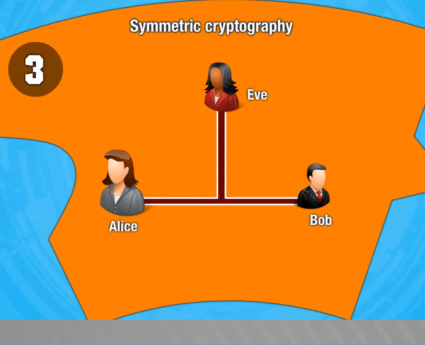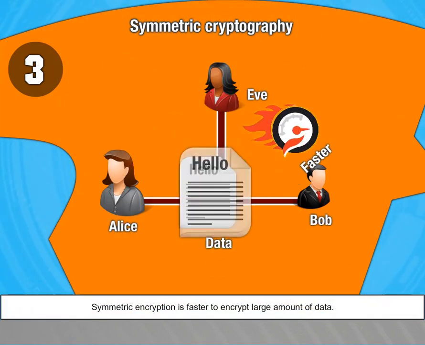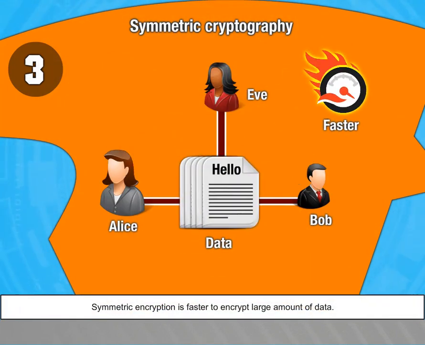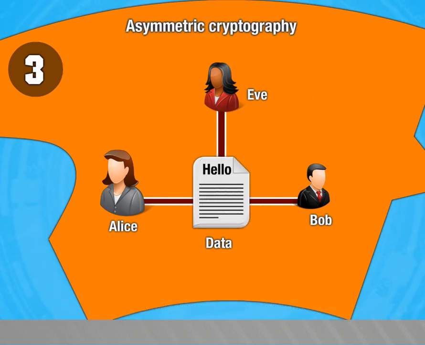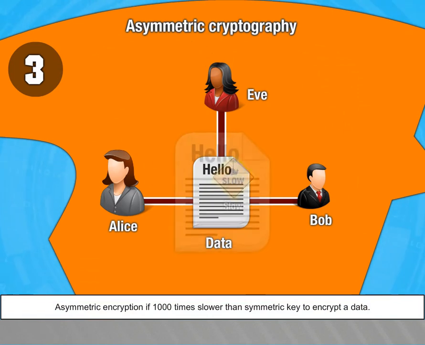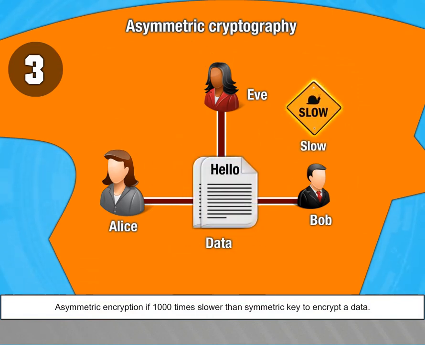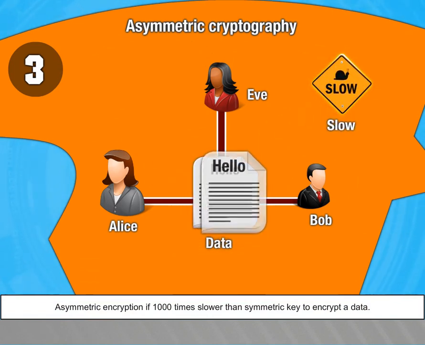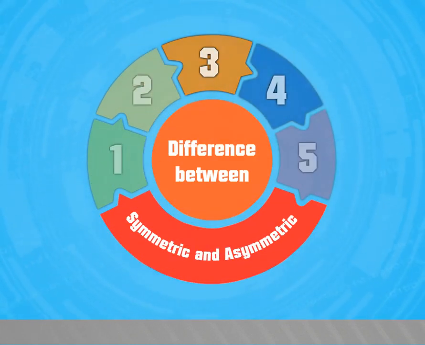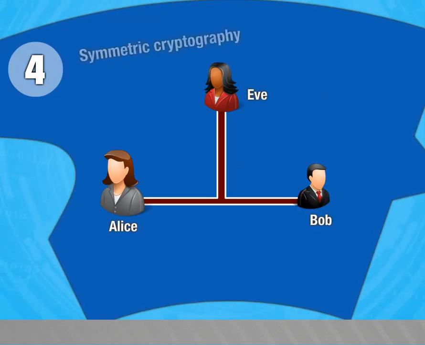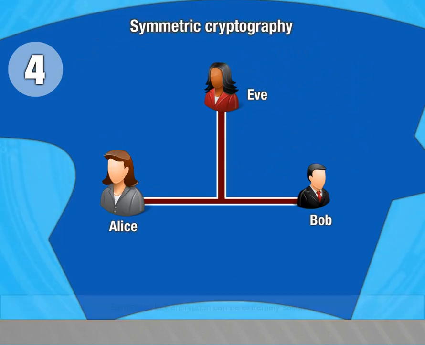Symmetric encryption is faster for encrypting large amounts of data. Asymmetric encryption is 1000 times slower than symmetric key encryption.